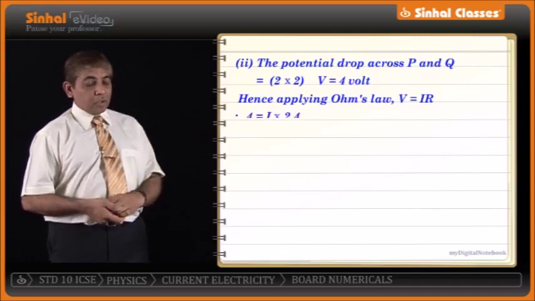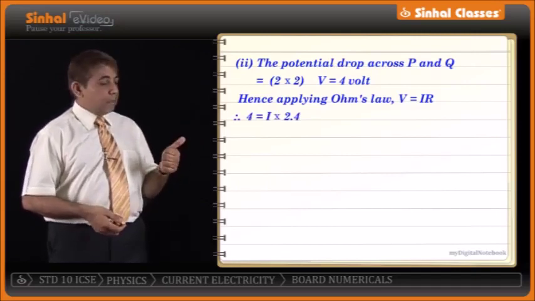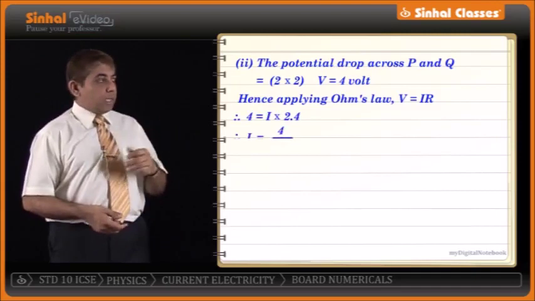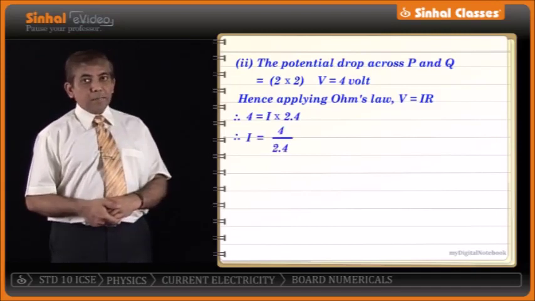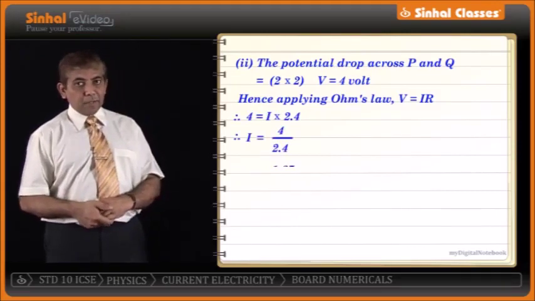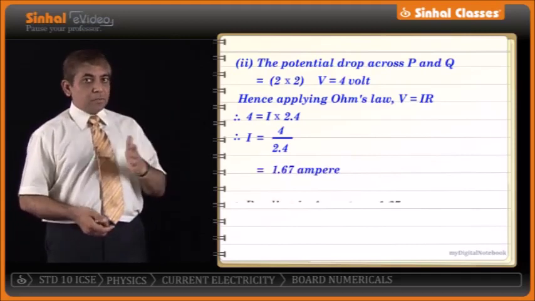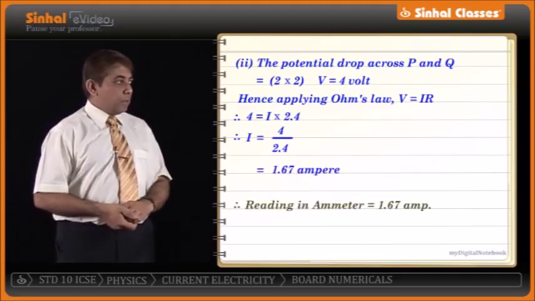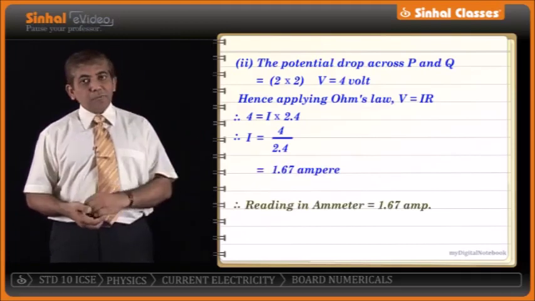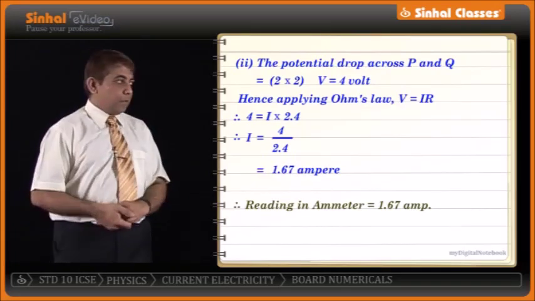So I have to find out I, the current. I is equal to 4 divided by 2.4, which is 1.67 ampere. The reading in the ammeter works out to be 1.67 ampere.